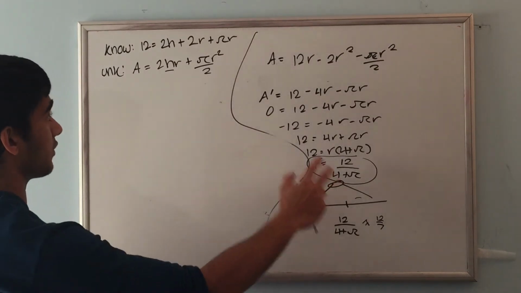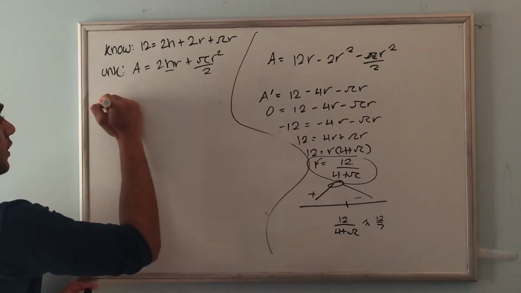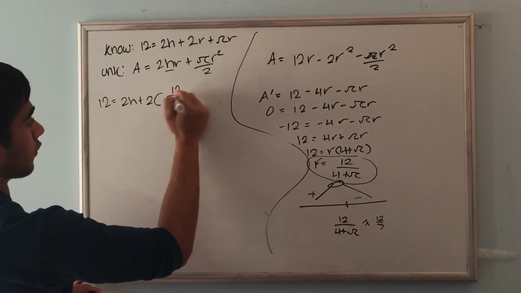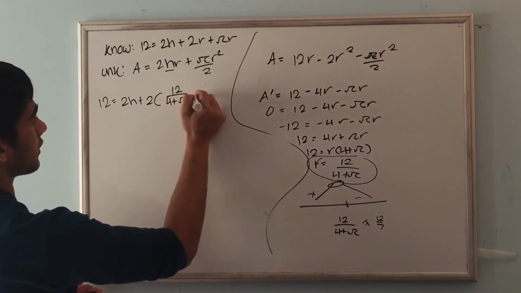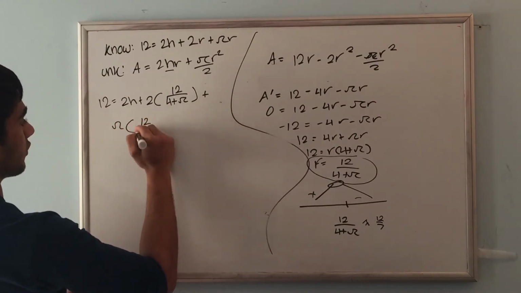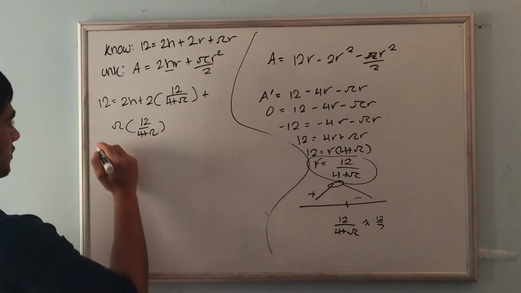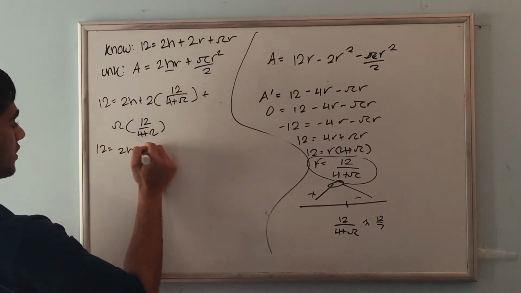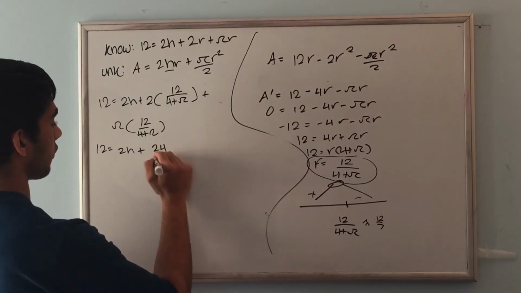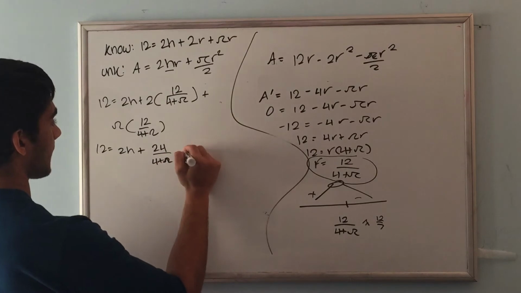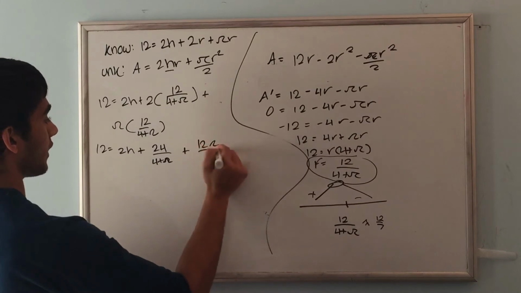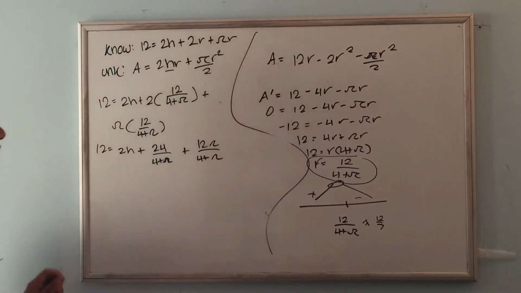So we have 12 equals 2h plus 2 times 12 over 4 plus pi plus pi times 12 over 4 plus pi. So we get 12 equals 2h plus 2 times 12 over 4 plus pi is 24 over 4 plus pi, plus pi times 12 over 4 plus pi is 12 pi over 4 plus pi.